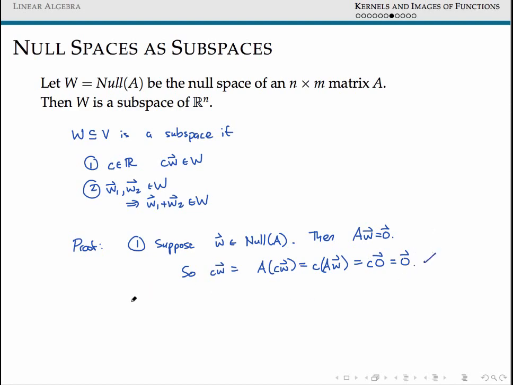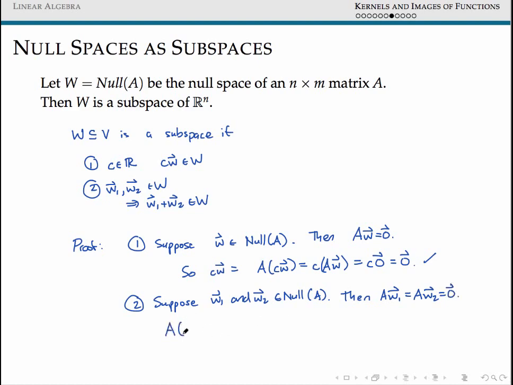So property 1 holds. For property 2, suppose both W1 and W2 are inside the null space of A. By definition, that means that AW1 equals AW2 equals the 0 vector.